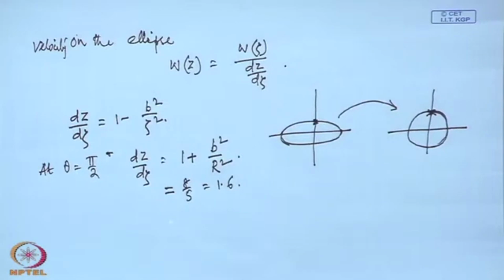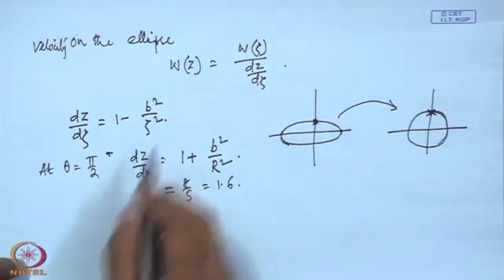So, you see that we do not need either b or r, what we need is b by r. So, now we can find the velocity.